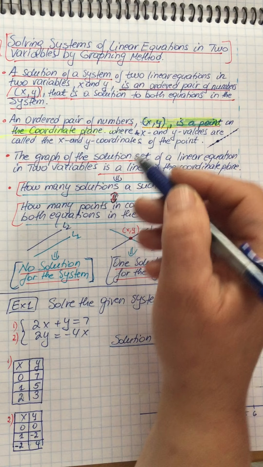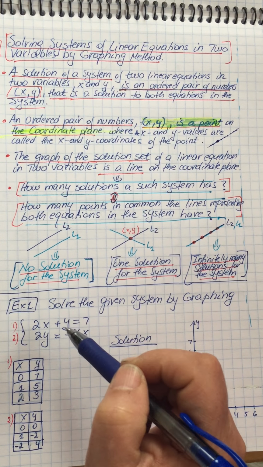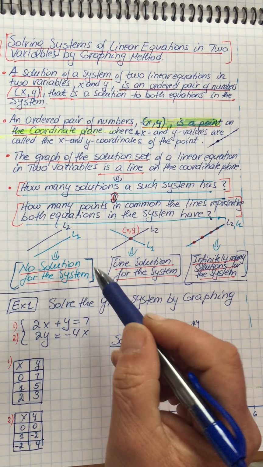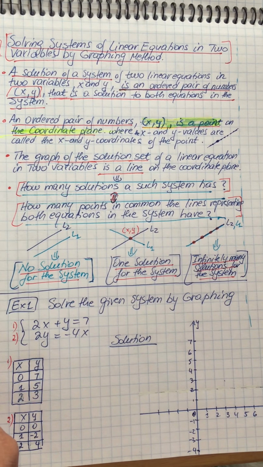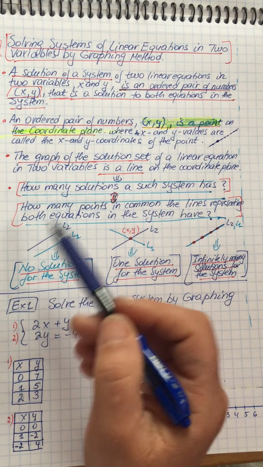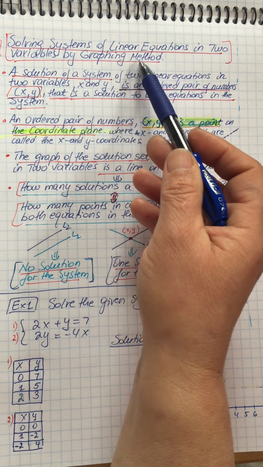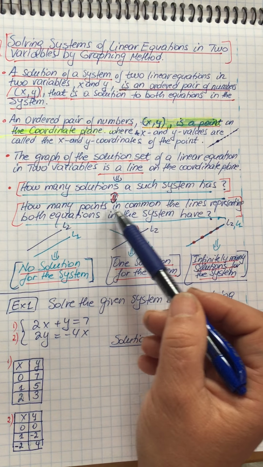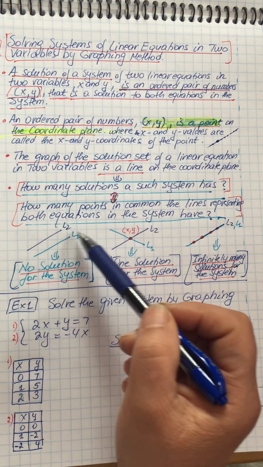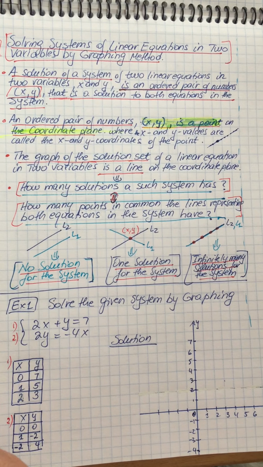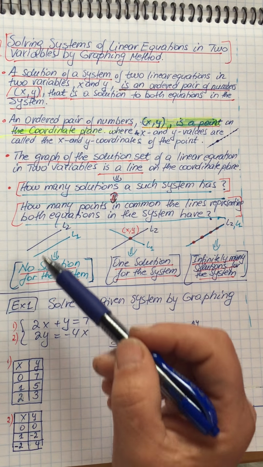So now that we have two equations in the system, we are asking how many solutions such a system has. In other words, geometrically, which is the goal of this video, it means how many points in common the lines that represent the equations of the system will have. And we have three cases.